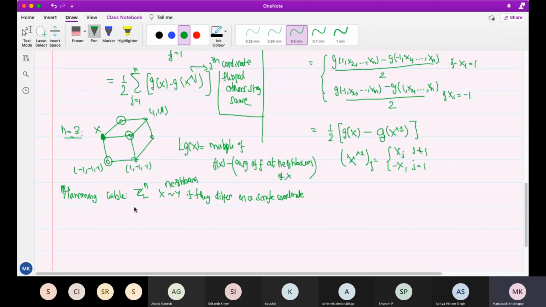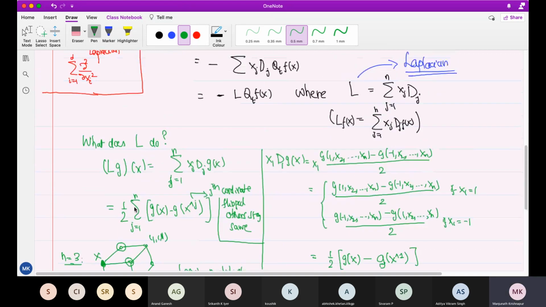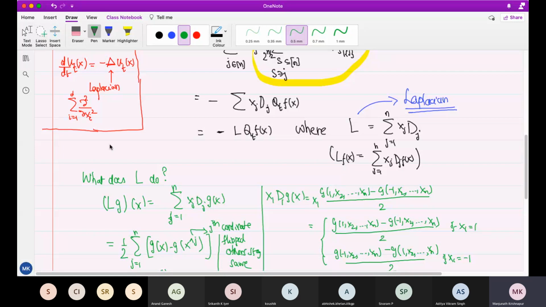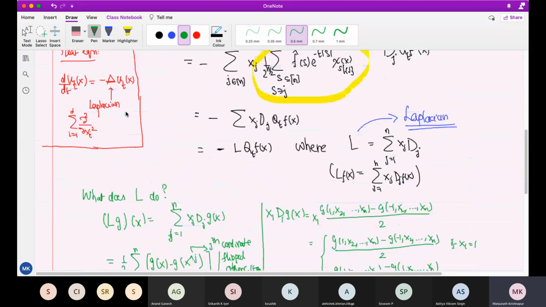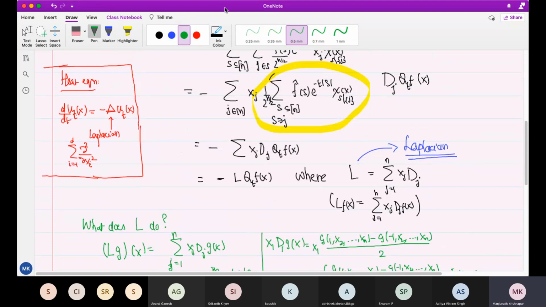So this somehow measures, this is what is called the Laplacian. Even the continuum Laplacian is actually measuring this. We have defined it with second derivatives here, but it is actually something very similar. I will explain here.